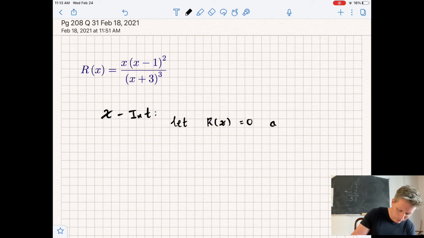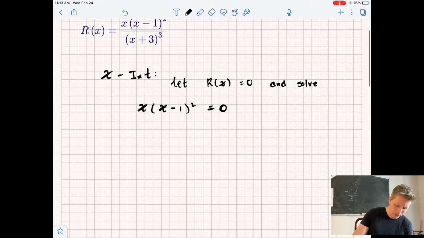I'm going to solve. So I'm going to let my numerator equal 0. So my numerator is x times (x minus 1) squared. I'm going to let this equal 0.